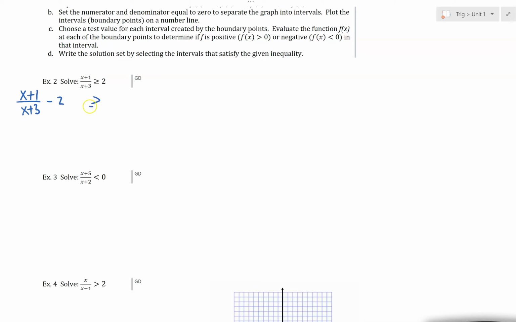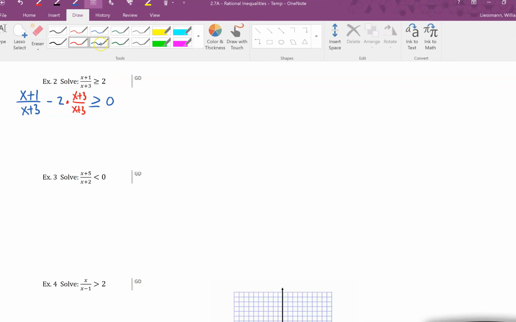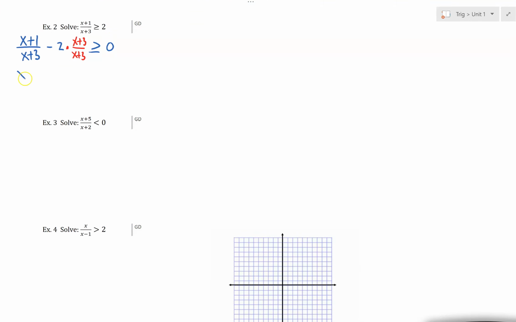And I'm going to leave some room here because in order to combine these two things, we are going to have to multiply this by x plus 3 over x plus 3, because we have to be able to make one fraction out of this, which is what we had before. x plus 1 over x plus 3 minus 2x plus 6 over x plus 3.